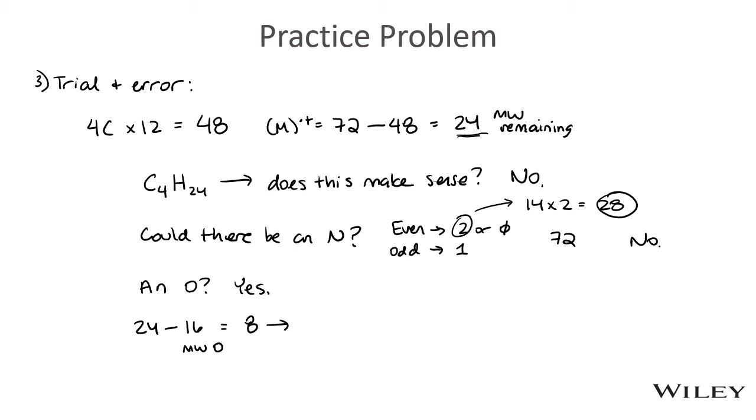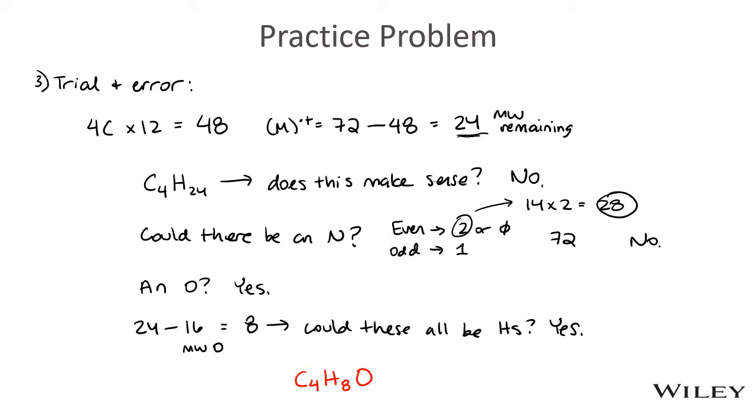Could we account for the remaining 8 molecular weight in all hydrogens? And the answer is yes. So we could have a molecular formula that is C4H8O. Then the final thing we want to do is we want to verify that this is a possible structure.